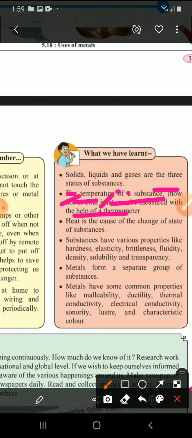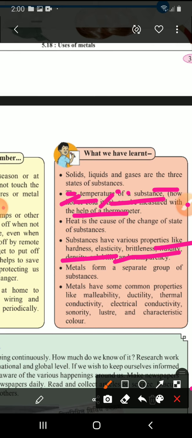Heat is the cause of the change of state of substances. Substances have various properties like hardness, elasticity, brightness, fluidity, density, solubility, and transparency.